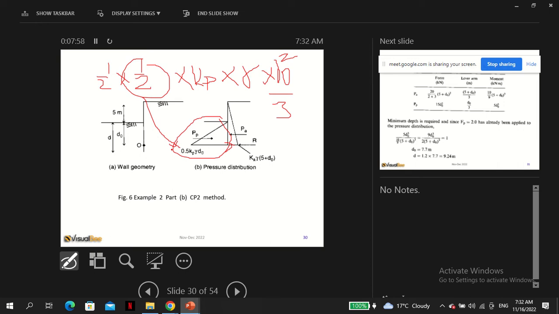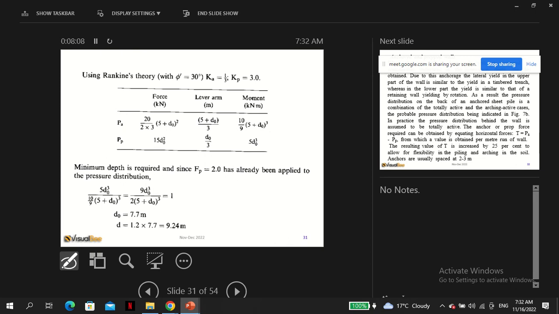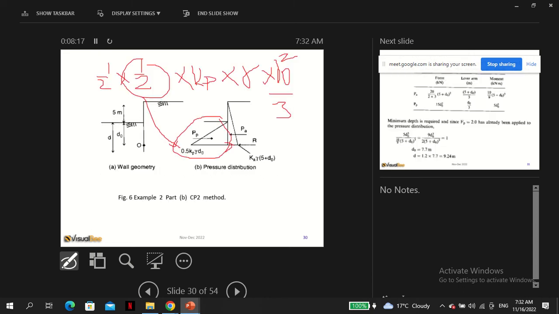No, that's not true. This is 4 times 12. For the passive side, how come it is 15? Sorry, why are you not, people? This is 5, right? This is 3.